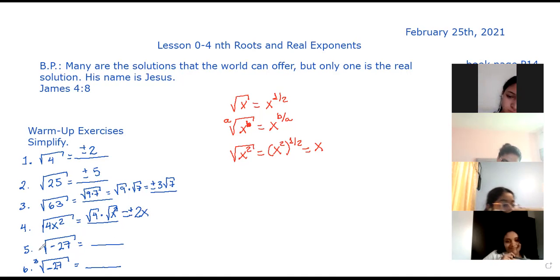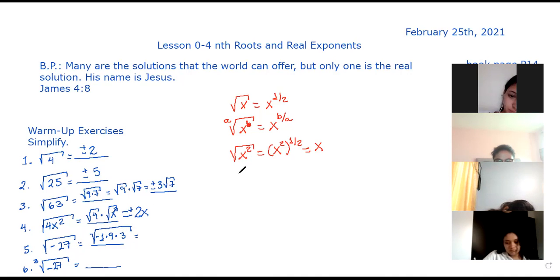Now, the square root of negative 27. It's an imaginary number, right? It will be just imaginary. I to the square, 9 times 3, I think. So we will have negative 1 times 9 times 3.